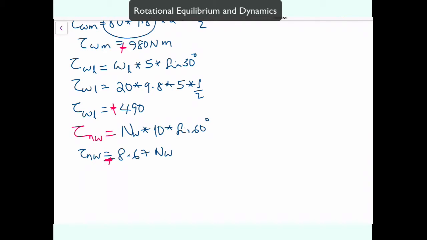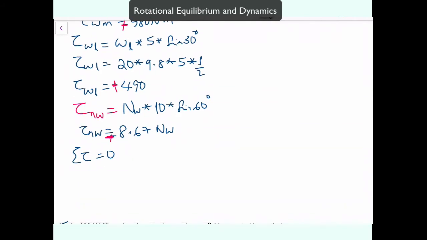But now add all the torques, the sum of all the torques equals 0. Then of course, what are all the torques that you have? Plus 490 minus 8.67 NW equals 0.